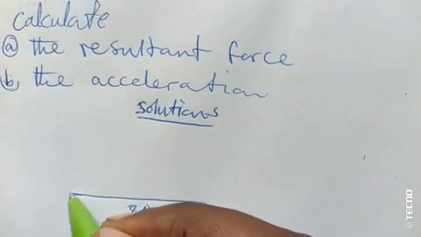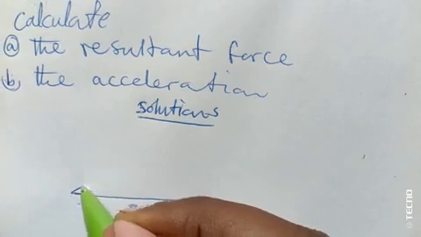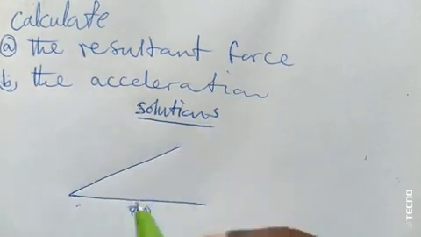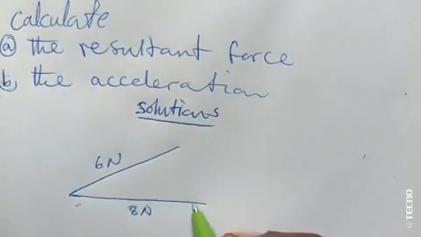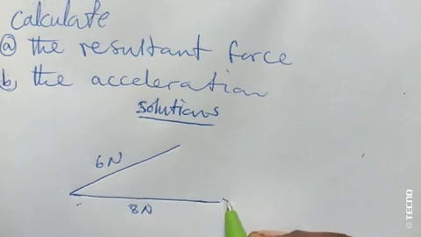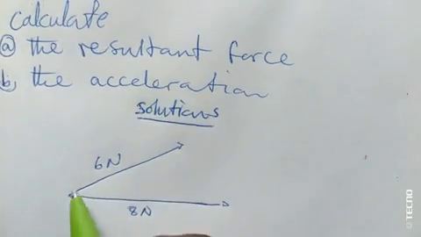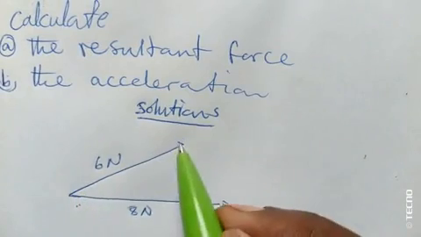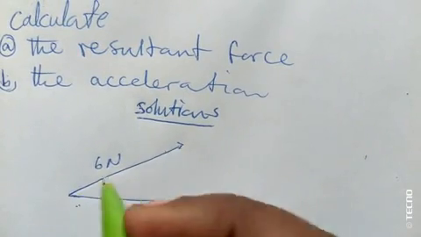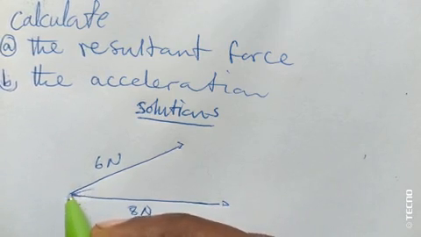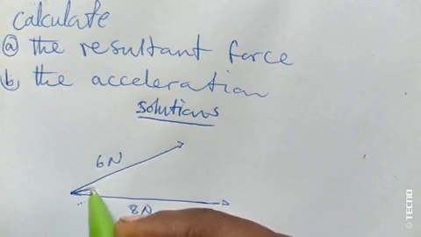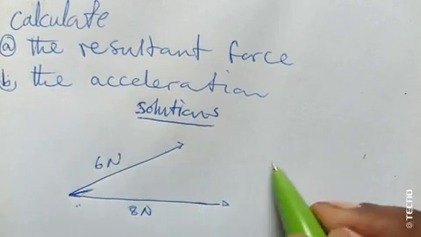Then we also have the other line which goes like this, which is 6 Newton. You get the same line with this same line. The resultant force will be in this direction. This is where we're going to find the resultant force.